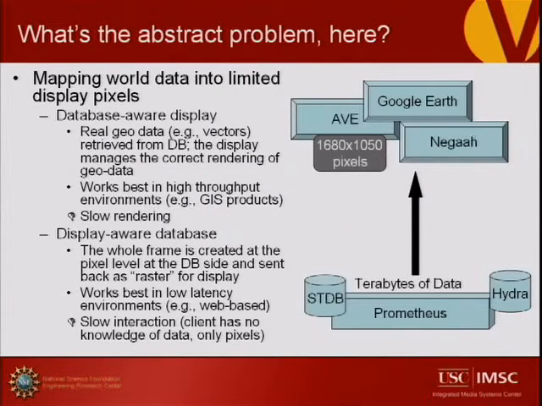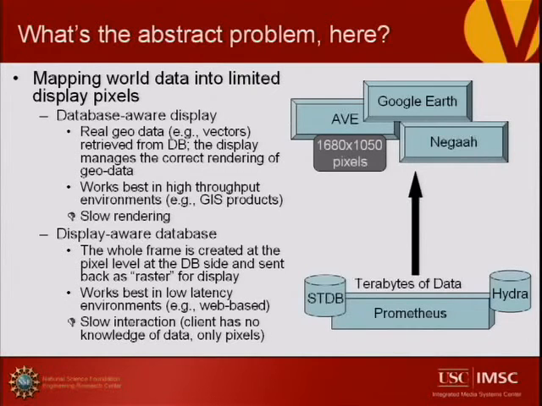I think one of the main problems that we are dealing with, which is similar to the type of things that Google Earth might be looking at, is that if you look at the problem very abstractly, we have real-world data, terabytes of it, down here, and we have limited pixel space up there. And the question is how to go from here to there efficiently. Right now, there are 2 different approaches.